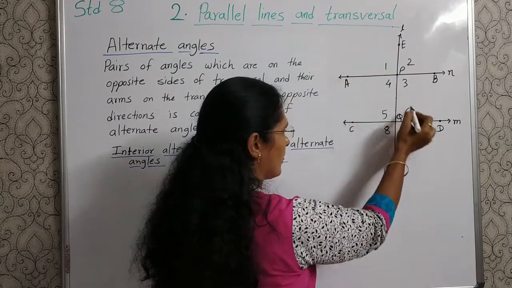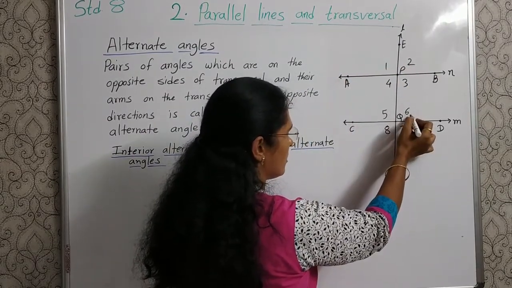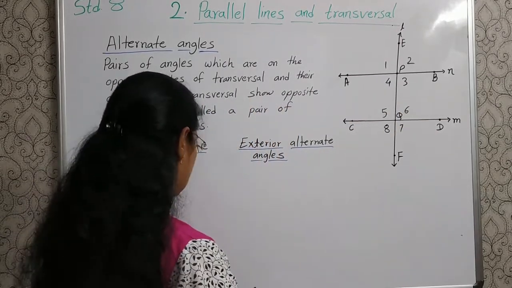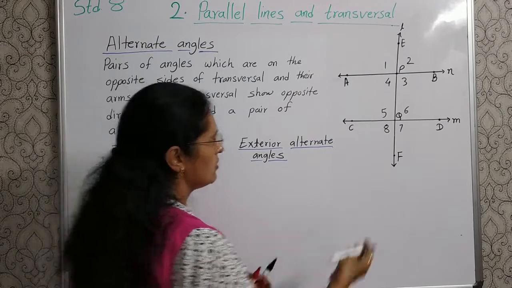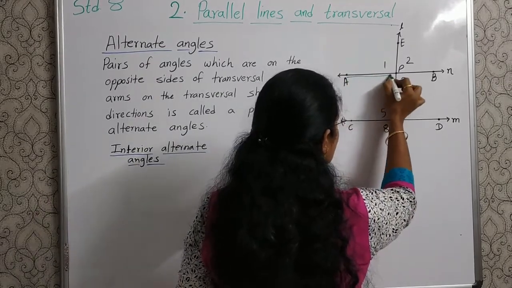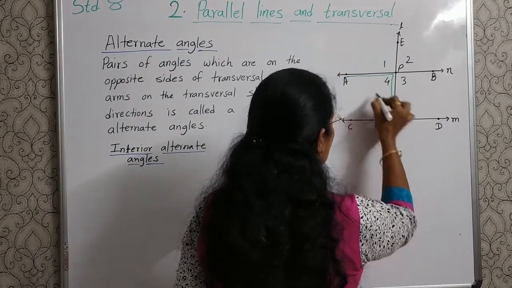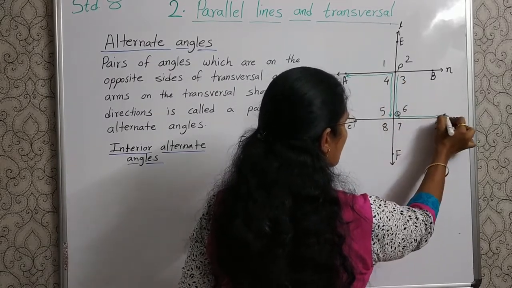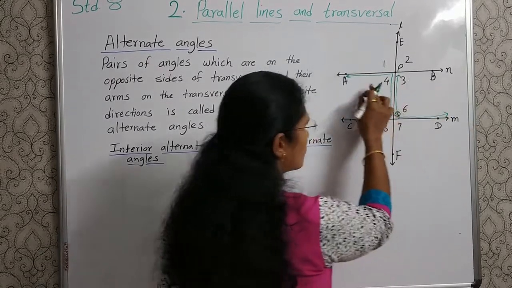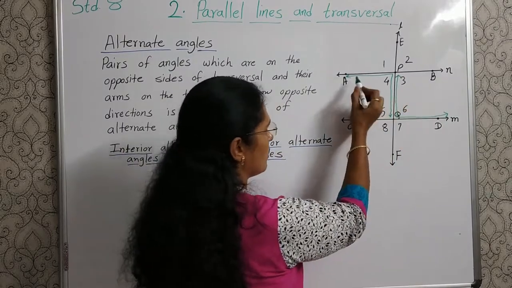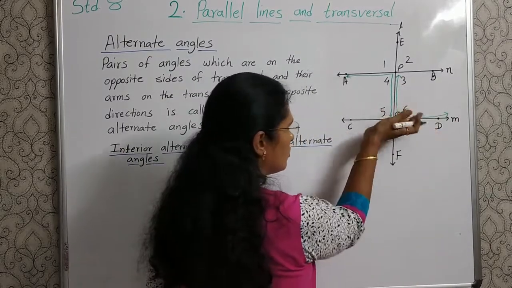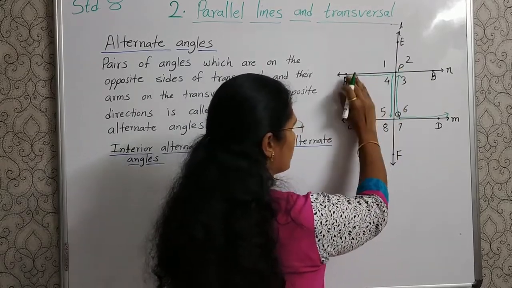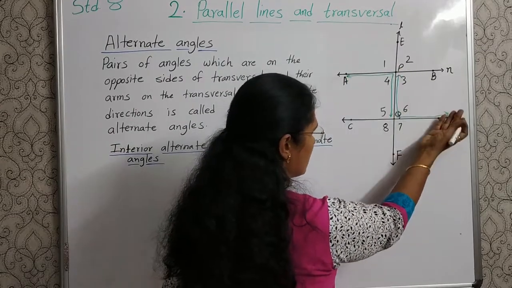So angle 4 and angle 6, you can see these are interior alternate angles. So I will mark this angle and this one. These two angles are at the inner side of the two lines and they are on the opposite sides of the transversal.